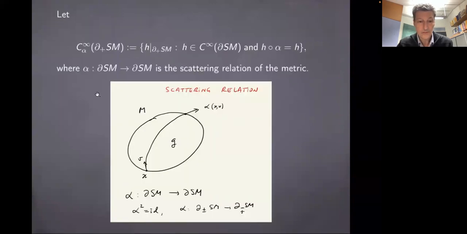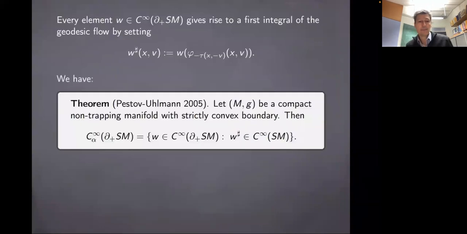So going back to this picture, if you want to define what the function is at a point x and v, you just run it back, and then that is going to be your function w at that influx point and vector. And the nice thing that happens is that you can identify these two things.